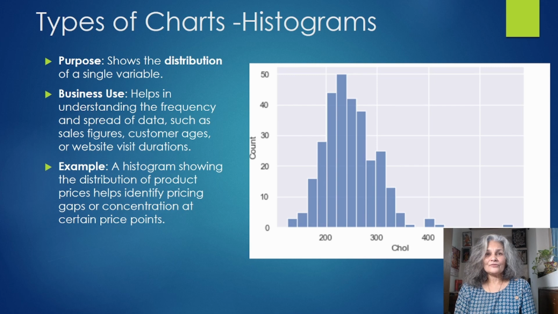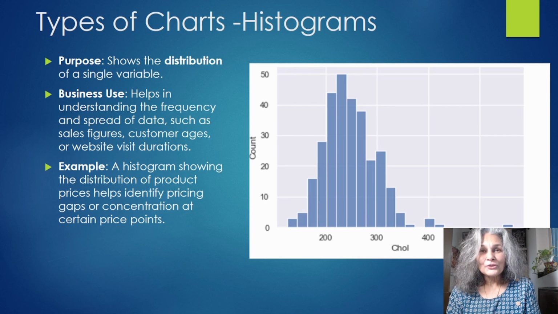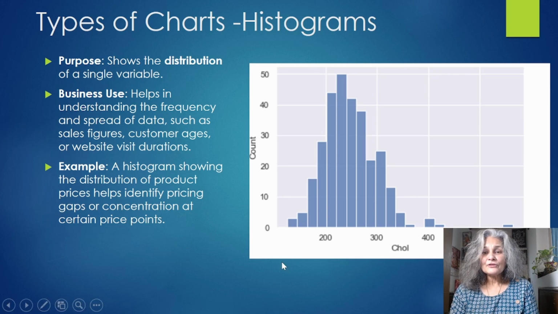Now let's deep dive into the charts. What do they mean? The first chart we're going to begin with is the histogram. Now, the purpose of a histogram is to show you the distribution of a single continuous variable. For example, we have a cholesterol variable plotted on the x-axis, and on the y-axis, we have the frequency count.